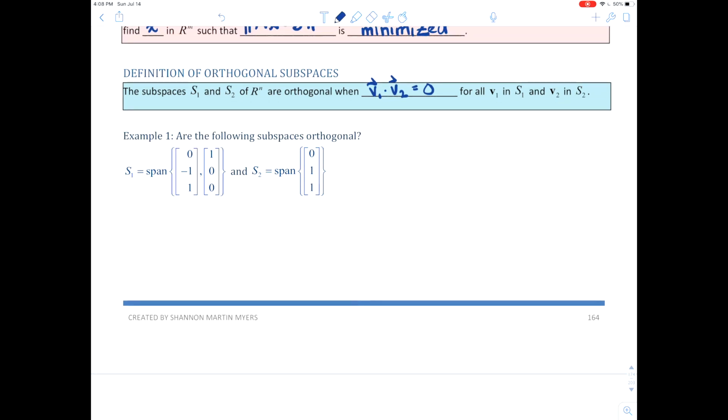For purposes of this section, we're going to use the Euclidean inner product for our definitions, just to make it easier, which is also known as the dot product, right?